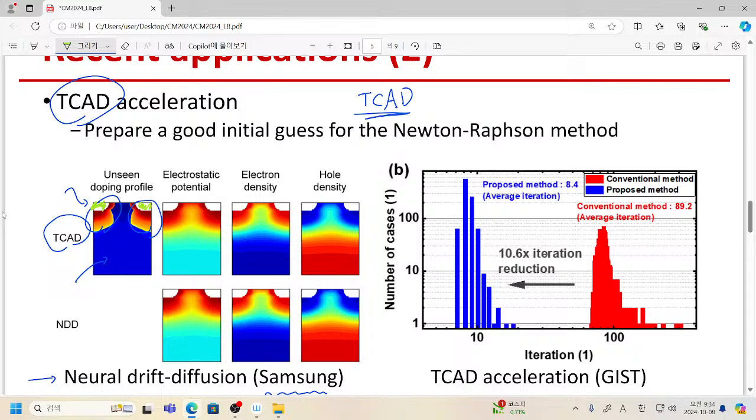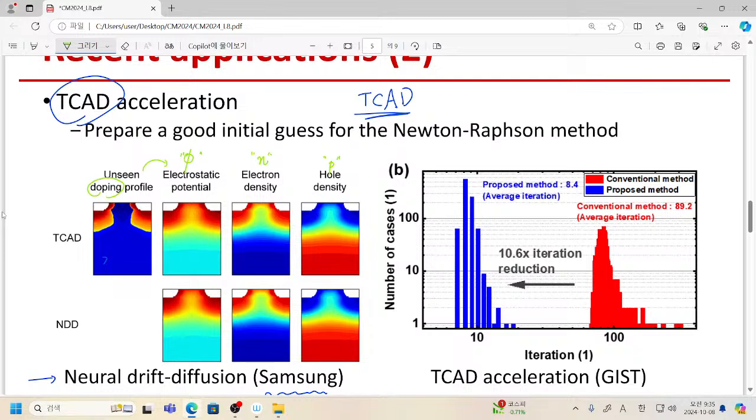In this case, if we have a certain neural drift diffusion model, then from this doping profile it can generate, for example, the electrostatic potential, usually written as psi in our lecture material, the electron density written as n, and the hole density written as p. So for that purpose, of course, they have to train their model.